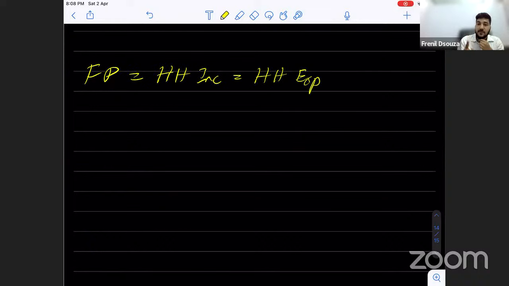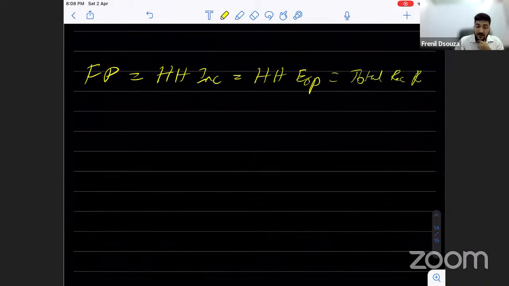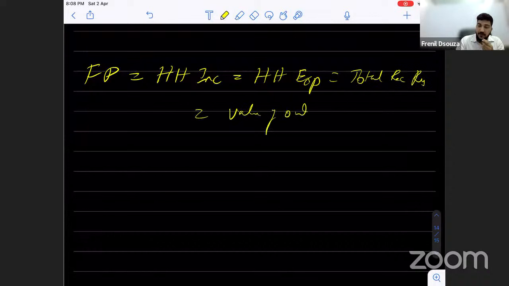Everything that I get from the restaurant I'm spending on food, which is equal to the total receipts of the restaurant, which is equal to the value of output. Everything is the same over here. This is why it is the most impracticable, yet for academic purposes and understanding we do this.